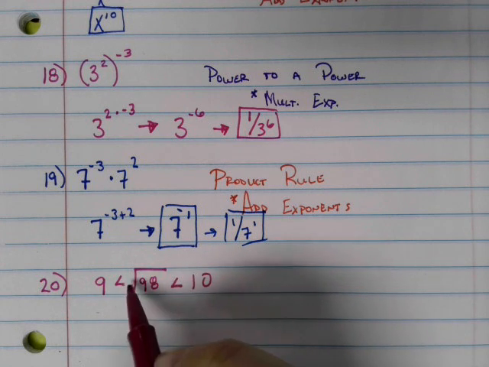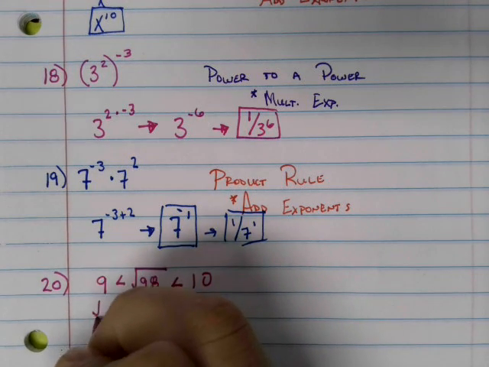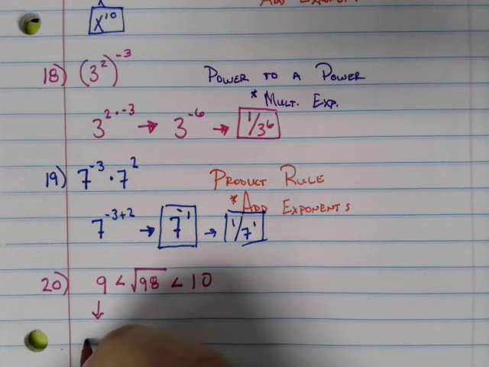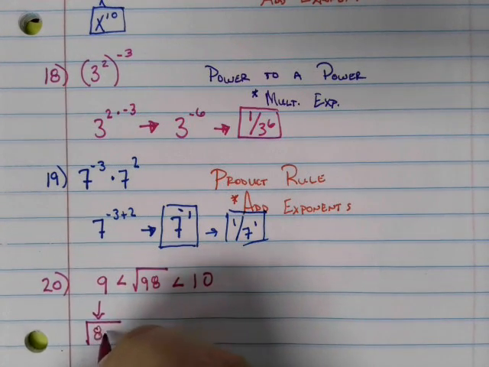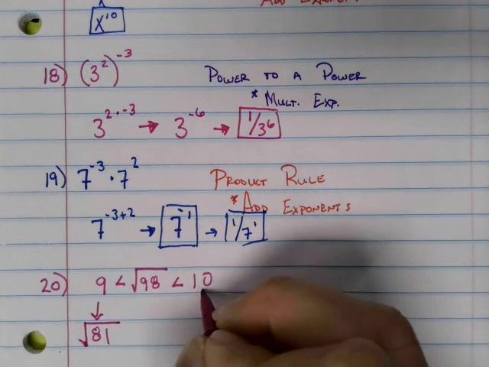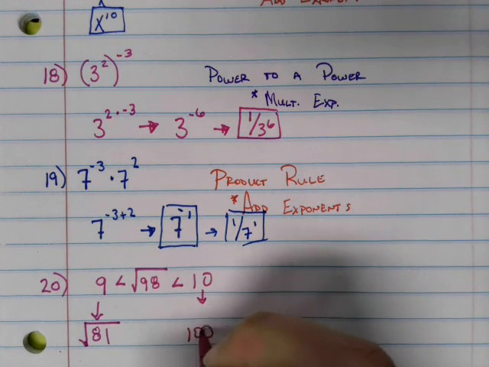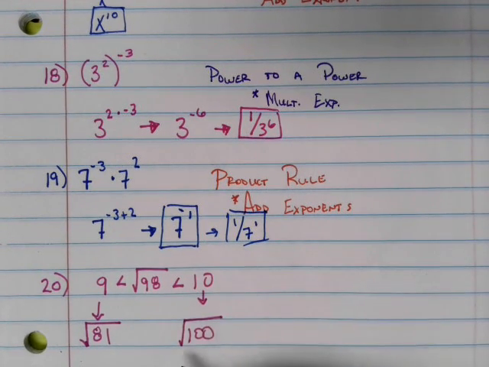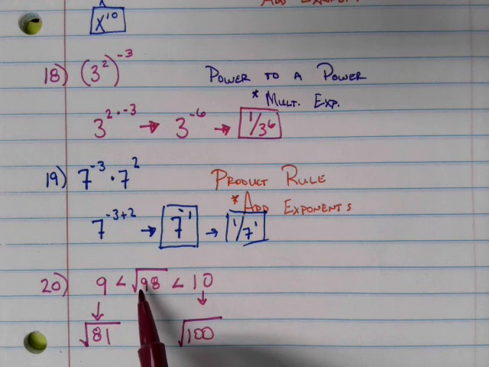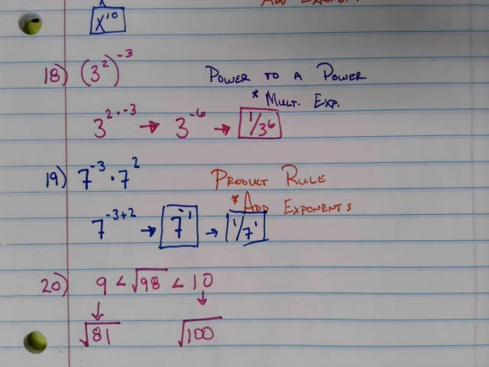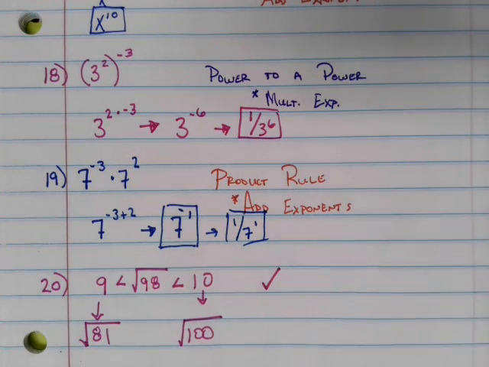So to change these to look like this, what's 9 squared? It's 81, because 9 times 9 is 81. Same thing with 10. 10 squared is 100. So I know the square root of 100 is 10. So is the square root of 98 between these two numbers? Yes. So this statement is true.